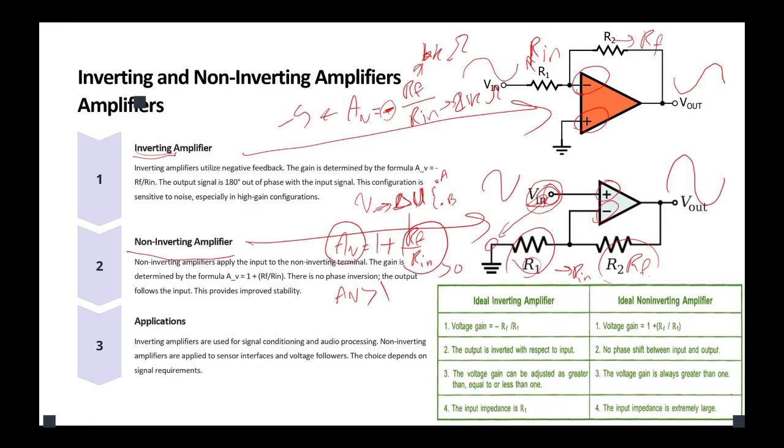A special case is when RF is 0 and Rin is infinity. Infinity means very, very large. In that case, the gain becomes equal to 1, which means the output exactly follows the input but can drive larger loads. Now you can choose the configuration based on the required gain, phase, and load condition.